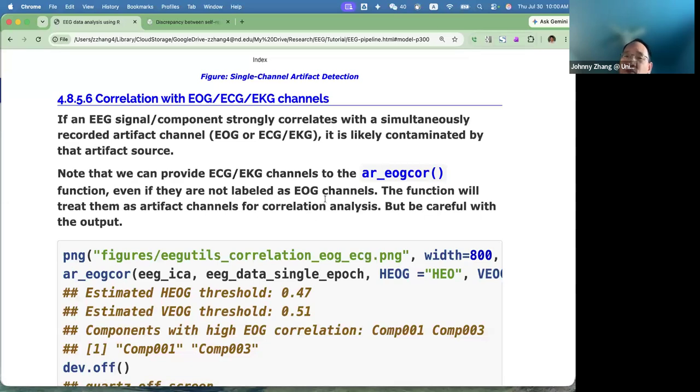Oftentimes the artifact is because of eye blink, eye movement, or heartbeat. A very reliable way to detect those artifacts is to calculate the correlation between the components and the eye movement, eye blink channels, and we have ECG, EKG.